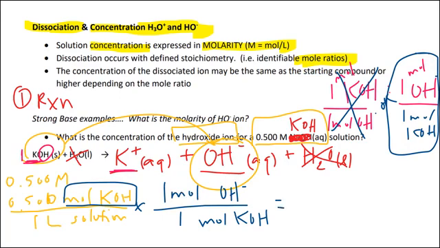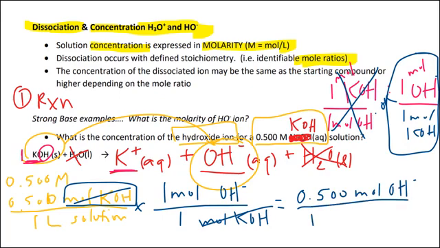So then, because my moles of KOH will cancel out, I will have 0.500 moles of hydroxide over a liter of solution.